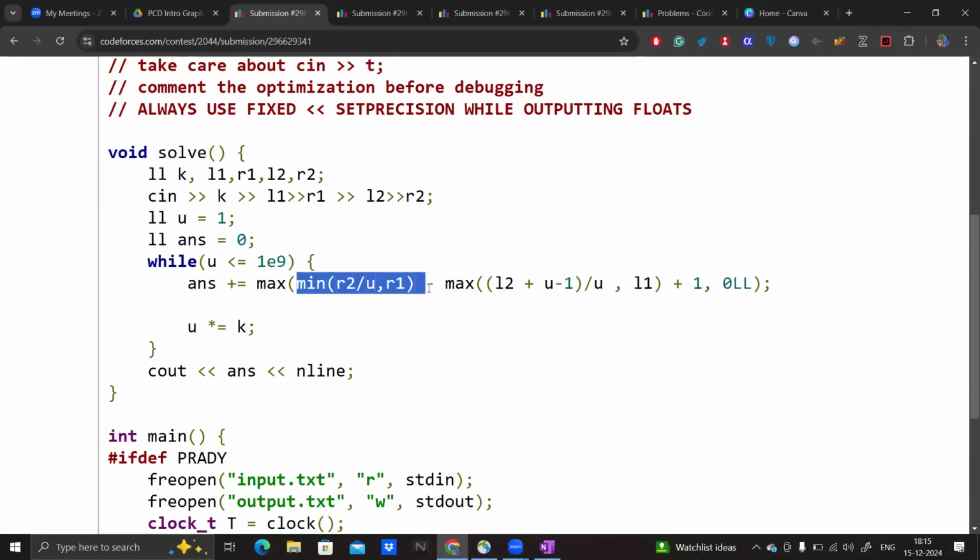So basically this is the r value, this is the l value, and I just did r minus l plus 1, and if it is negative then I need to add 0. So I just took max with 0 and I added it into the answer and then multiplied by k, right? Okay, so any doubts for this?